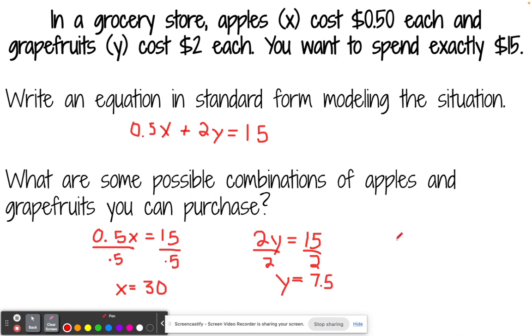So instead, let's think about, what if I bought 2 apples? If I bought 2 apples, how many grapefruits could I buy? Well, 2 apples would be $1. 2 times my 50 cents each plus 2y, because I don't know how many grapefruits I can buy, would equal $15.